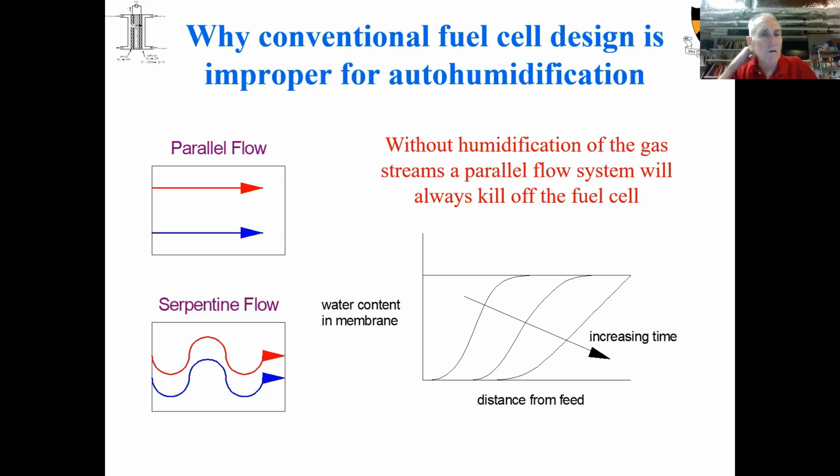If you look at a serpentine flow, it's essentially a parallel flow. And in the parallel flow, if you have too high of a flow rate, then what will happen is you will dry out that part of the fuel cell, and you'll essentially get, over time, a drying front that kills the fuel cell.